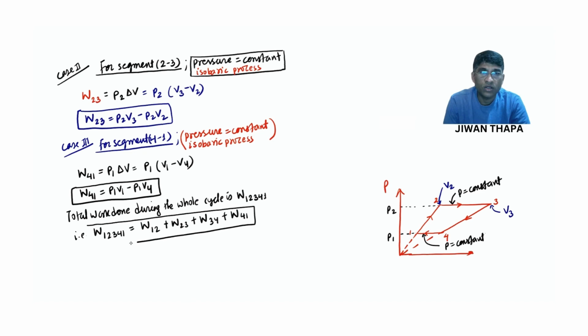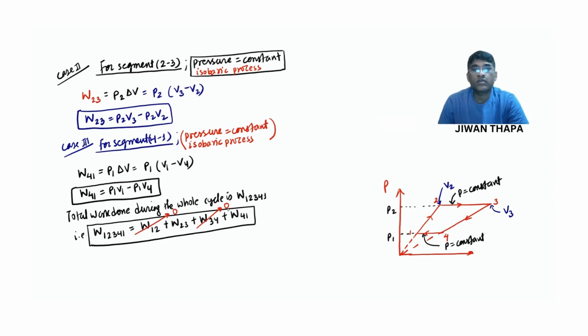As I said earlier, total work done equals work done on the segments 1, 2, 2, 3, 3, 4, and 4, 1. Now we know work done on segment 1, 2 is 0, and work done on the segment 3, 4 is 0.